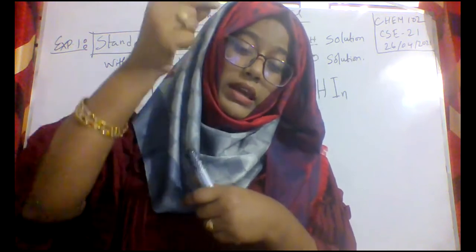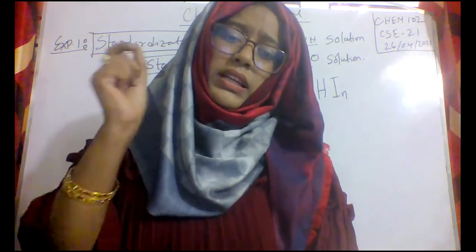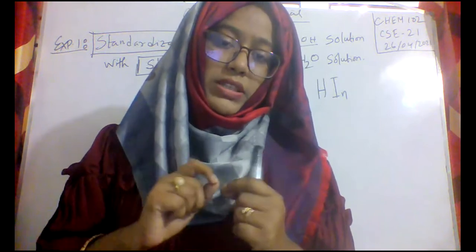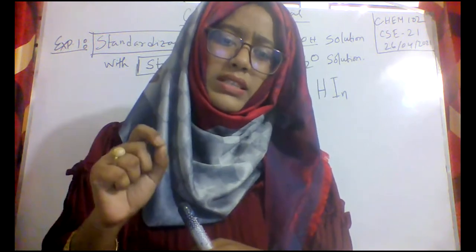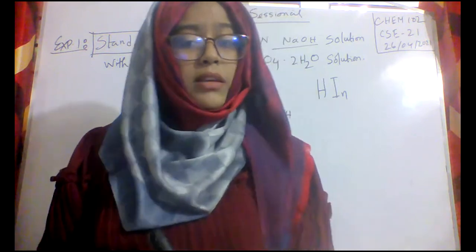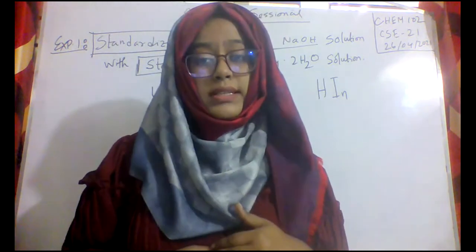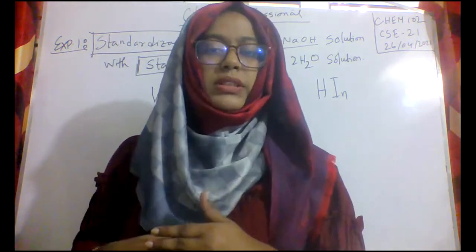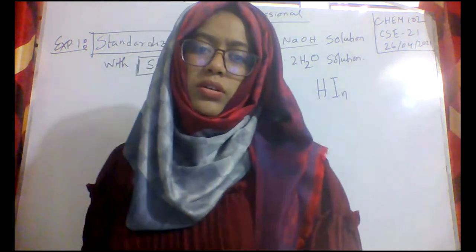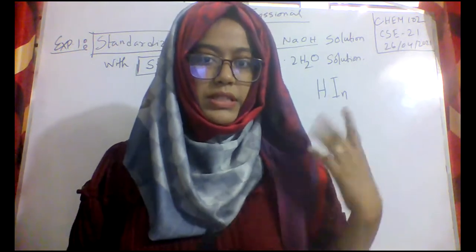Whenever we add another little drop of hydroxyl ion, the indicator will be activated, dissociate and ionize, then we will get the color. So whenever we reach pH 7, it is the neutralization point, and after that we get the end point.